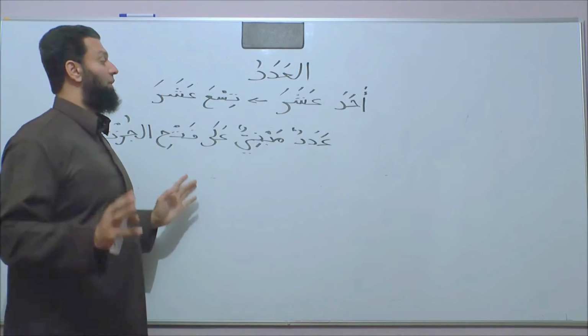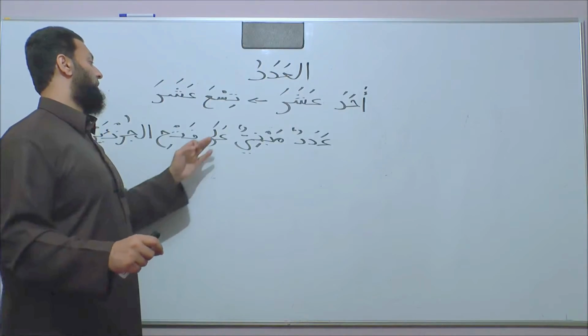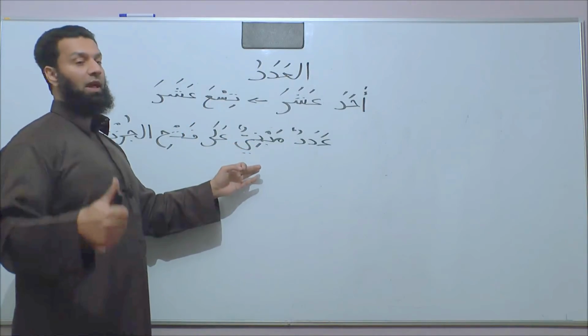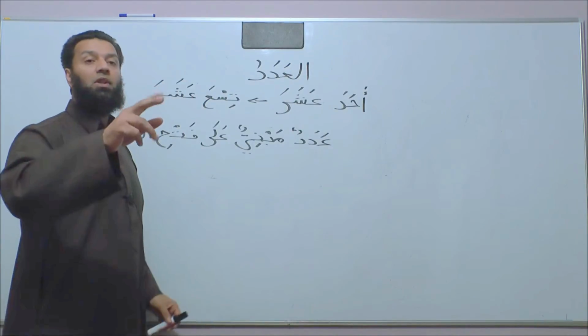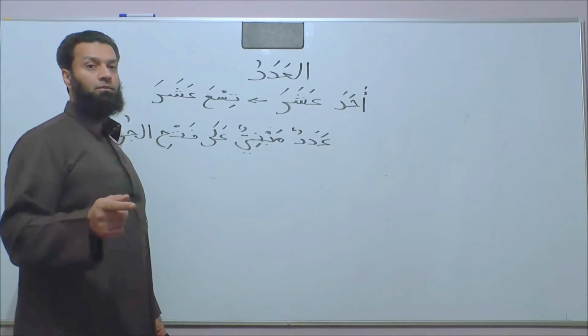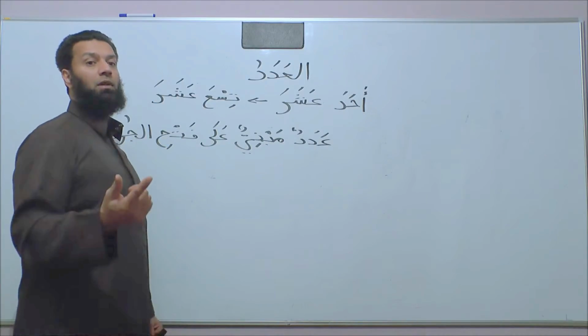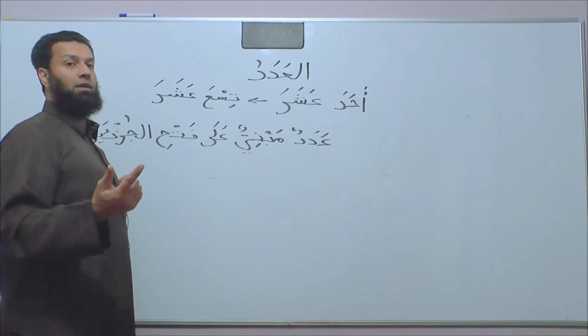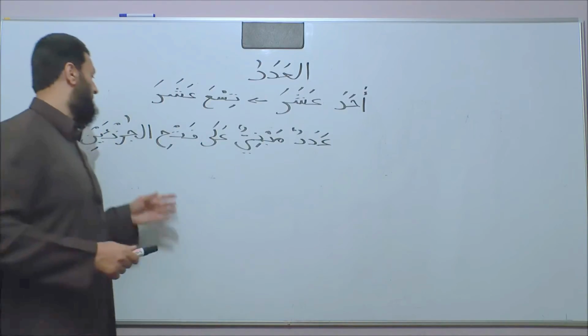But the point to note first of all is that we say it is adadun mabniyun ala fathil juz'aini. Juz'aini means the two parts. Juz'un means one part. Juz'aini is two parts.